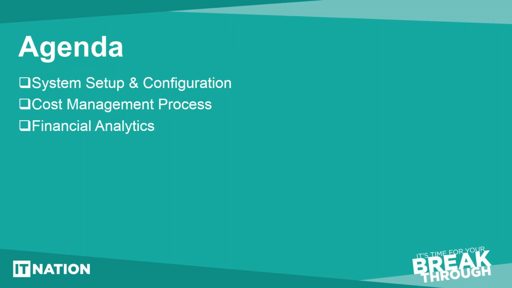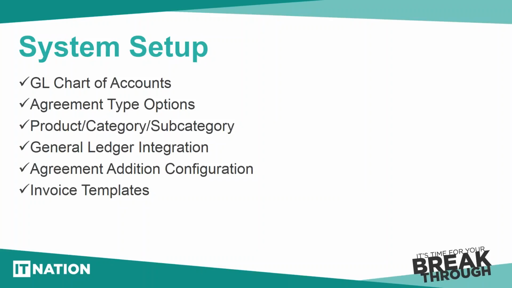Today's agenda is going to cover 3 areas: system setup and configuration, cost management process flows, and then financial analytics. When we're working with the system setup and ConnectWise, there are many areas that can impact what's happening from both a profit standpoint as well as a GL income account P&L standpoint.